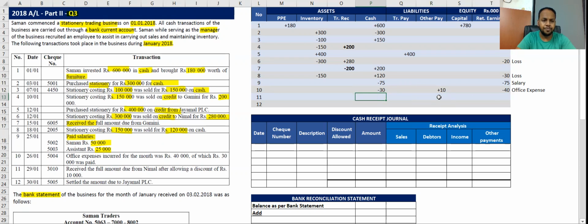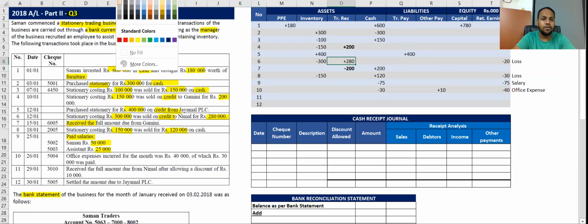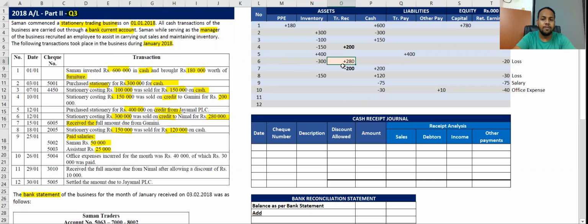Transaction number 11. Receive the full amount due from Nimal after allowing a discount of 10,000. So how much is receivable from Nimal? It's 280,000. This is the amount receivable from Nimal, from transaction number 6. Now we are going to receive this total amount and giving a discount of 10,000.